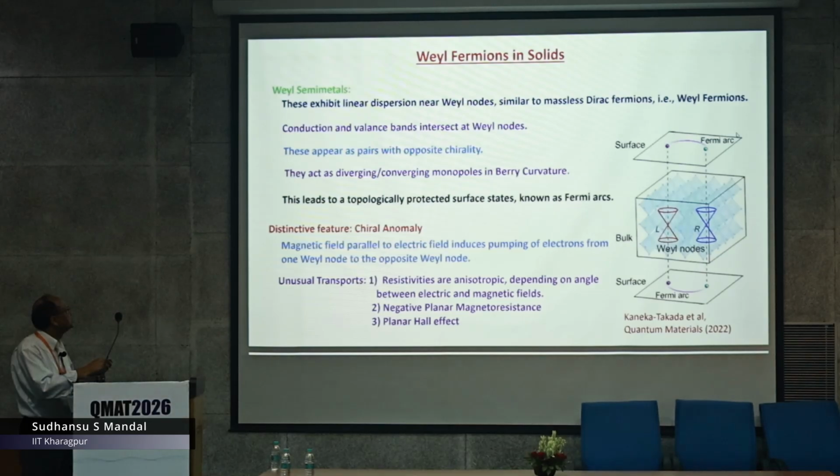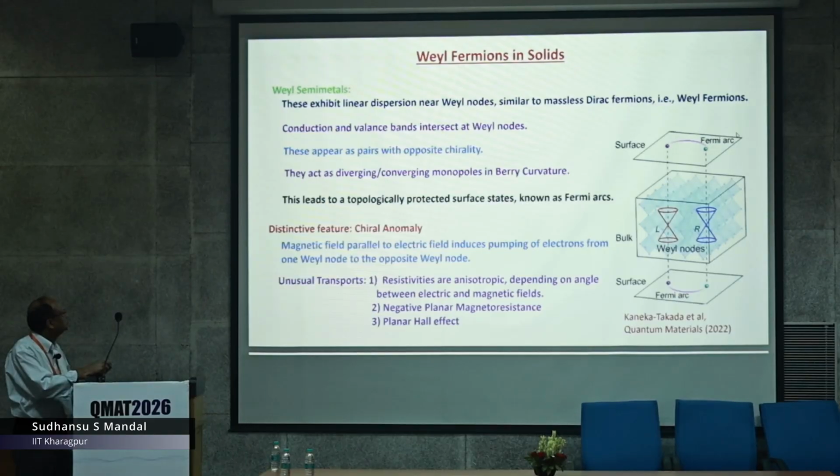These exhibit linear dispersion near Weyl nodes, similar to massless Dirac fermions, that is Weyl fermions. The conduction and valence bands intersect at Weyl nodes. These appear as pairs with opposite chirality. They may have many, but they will come as pairs, like here, left-handed and right-handed chiralities.